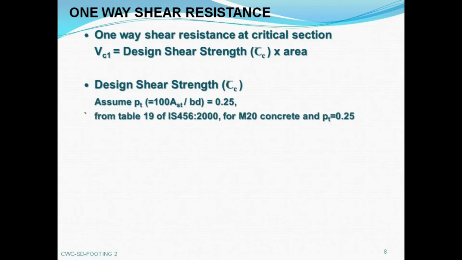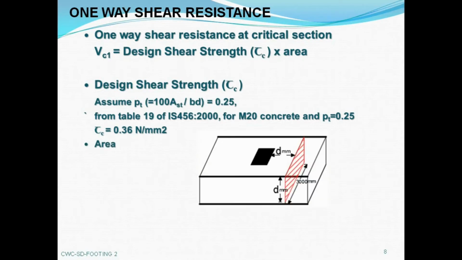From the table 19 of IS 456-2000, for M20 concrete and pt 0.25, we can get the value of tau c as 0.36 Newton per mm square. Next is to calculate the area. See the figure. In this, we have to consider the area of the shaded vertical plane. That is area equal to 3000 into d.